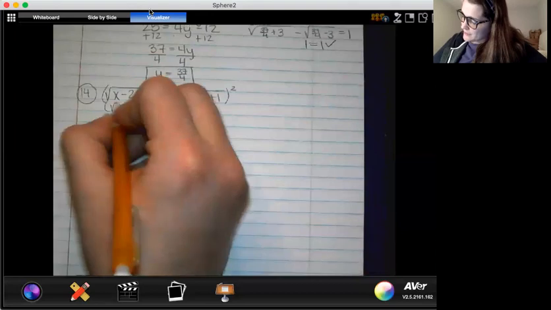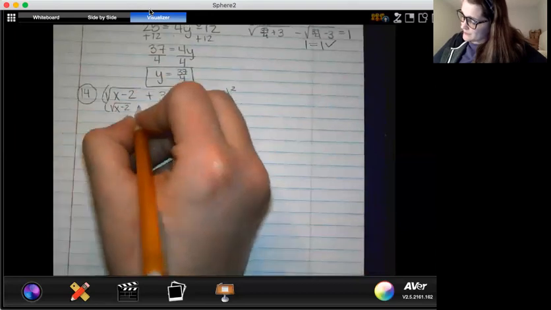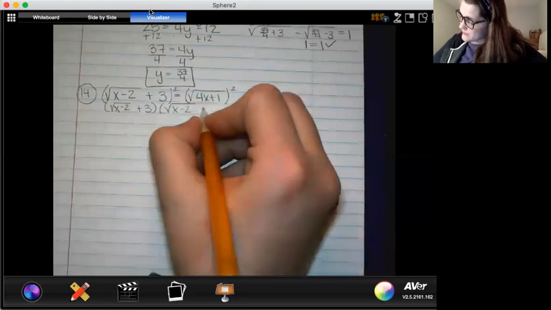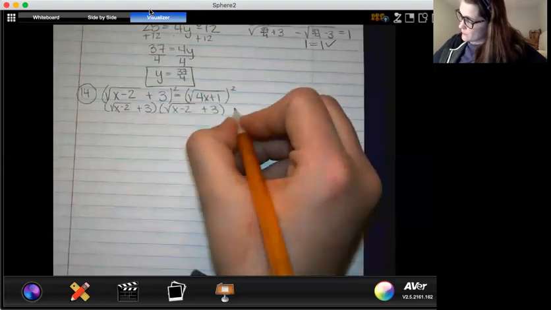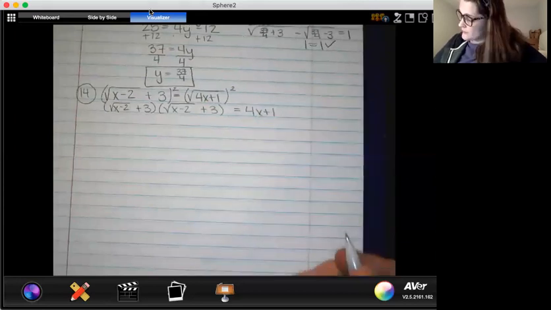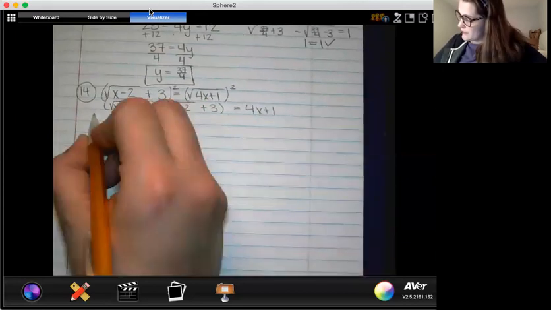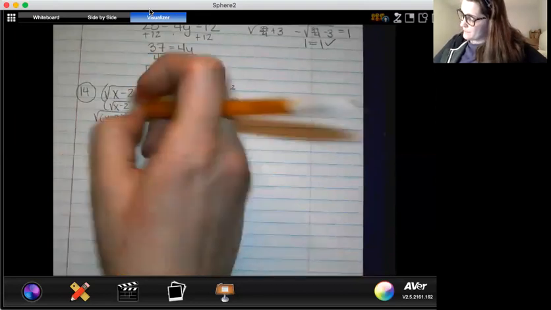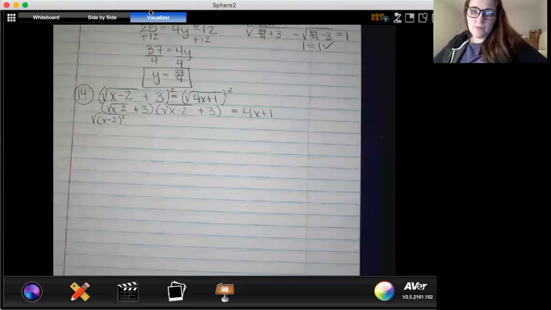So square root of x minus 2 plus 3 times square root of x minus 2 plus 3 equals 4x plus 1. And then we're going to FOIL. So we get square root of x minus 2 squared. Sorry.